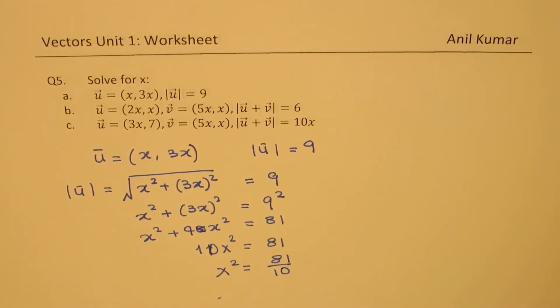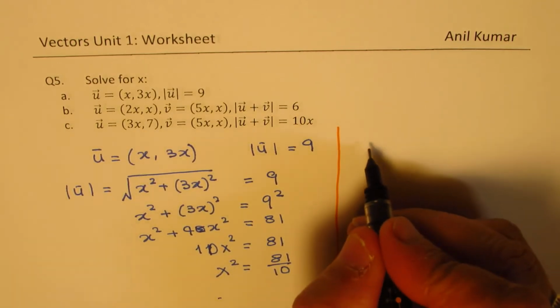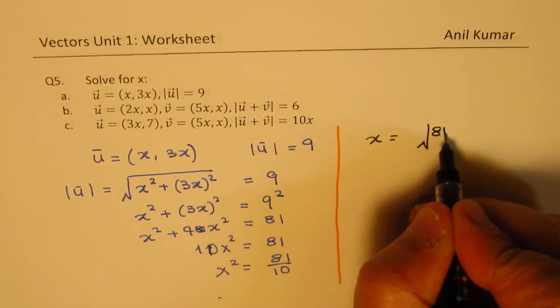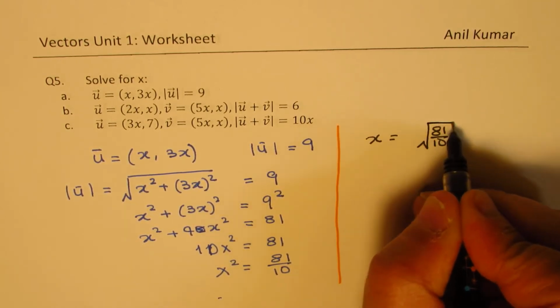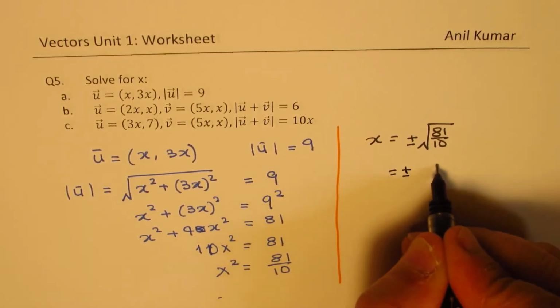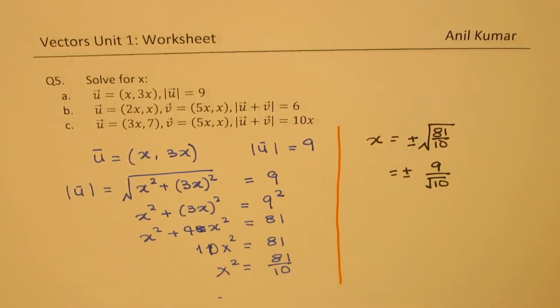Now it is a good practice to always write the answers with rationalized terms, right? So here we can now solve for x. So x is equal to the square root of 81 over 10 with plus and minus sign. So this could be written as plus or minus 9 over square root of 10. Now that can be rationalized, right?